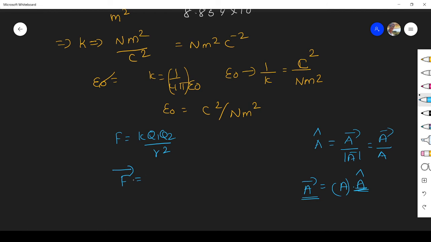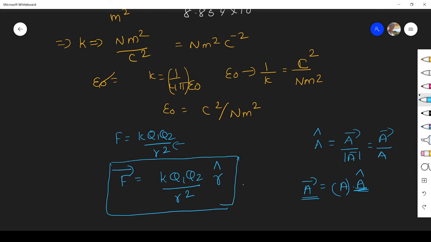So similarly, force vector can be represented in terms of magnitude of force, that is given by this formula. So K into Q1 Q2 by R square, A cap unit vector. Similarly, here unit vector is R cap.